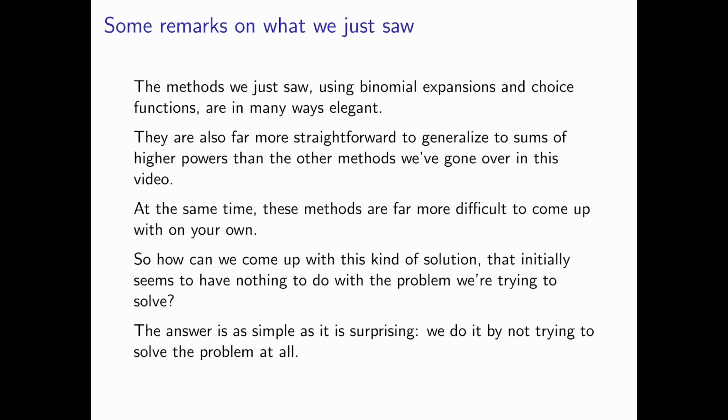And this is something I realized when I devised this method using the choice function. I didn't come up with this method by looking at the choice function and trying to make that work for solving the problem of finding a formula for s sub 2 of n. I had already seen the formula for s sub 2 of n, I had already derived it in many different ways at that point.